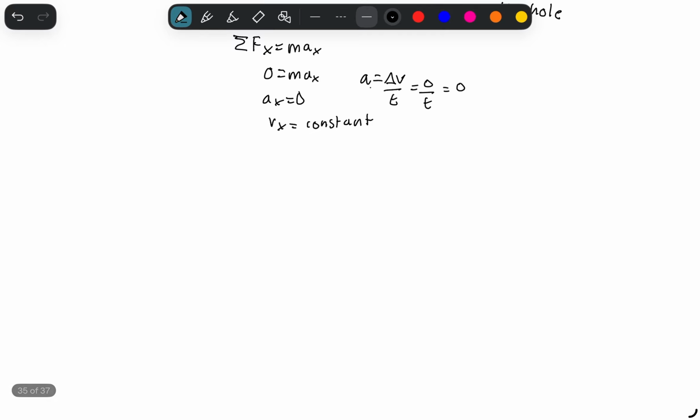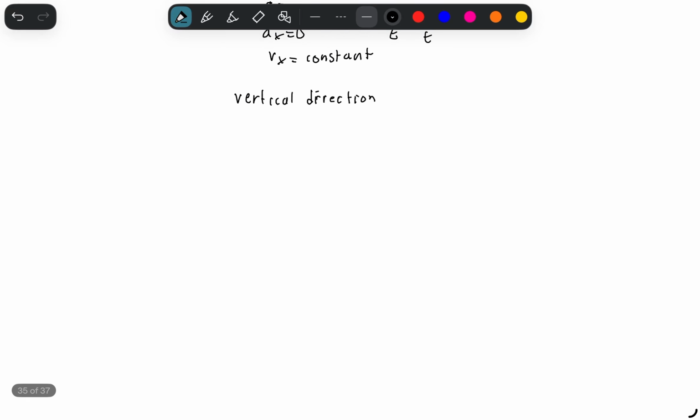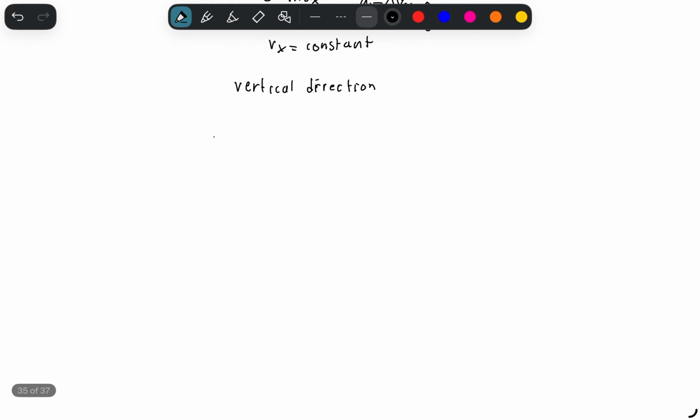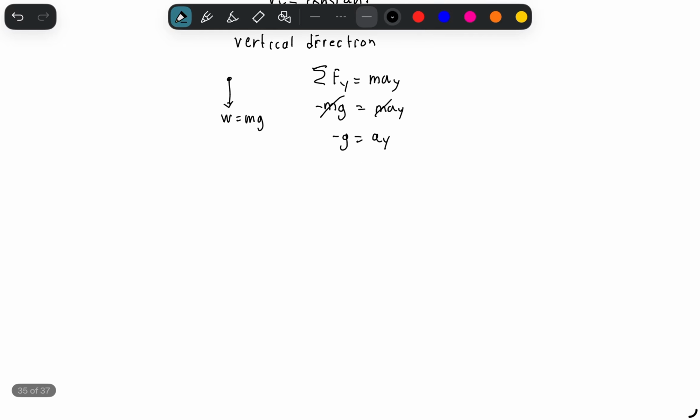Now, then in our vertical direction, you only have gravity, or negative g is equal to ay.